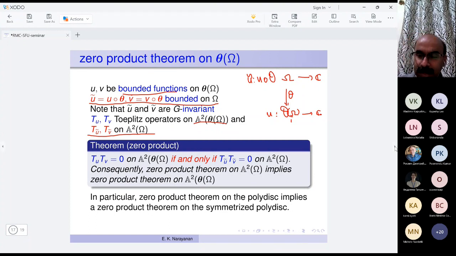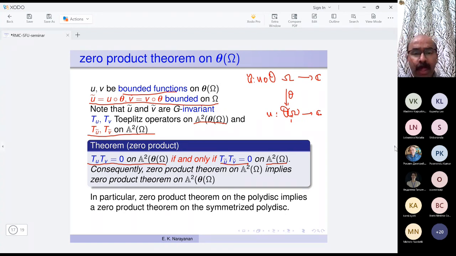Now our main theorem is this, which is very simple. It's a zero product theorem. Tu Tv equal to 0 on A2 of theta omega, that means we are looking at the zero product on the Bergman space in the quotient domain, if and only if you pull them back to the original domain and you have zero product there. That is, if and only if Tu tilde Tv tilde equal to 0 on A2 of omega, right?